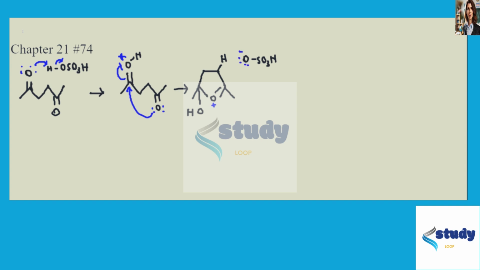This oxygen has 3 lone pairs, and one of those lone pairs is going to grab that hydrogen, and those electrons will go to form a new double bond there, and these electrons will revert to the furan oxygen. After those 3 arrows, we are going to be at this intermediate.